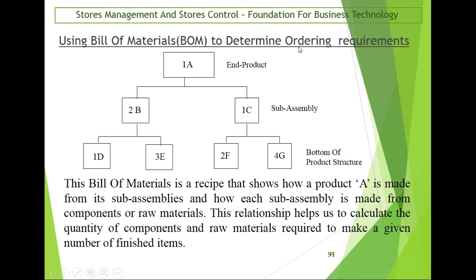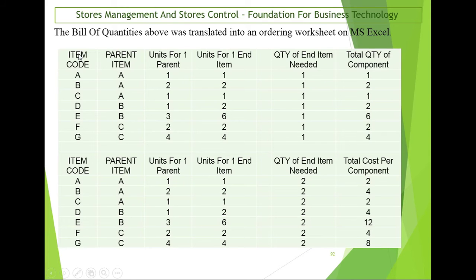So this is our example of product A that is made of two levels. First level with items B and C, and second level with items D, E, F, and G. Then next we have our spreadsheet that now shows us how many of each item are required to make its parent and also to make the finished product. So we now have the requirement or the order.